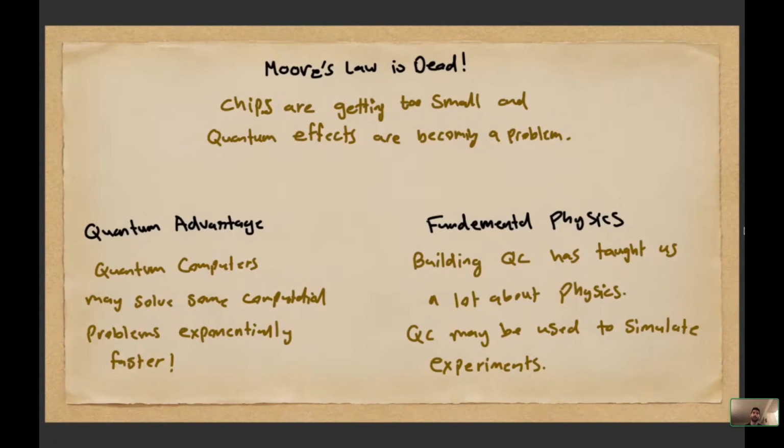It's one of the more difficult technological tasks that we've been trying to attempt. Already in the past few decades, the attempt at building these quantum computers has taught us a lot about physics and technology. And once we have powerful quantum computers, we can in fact use these to even simulate experiments and understand more about science, hopefully. These are some motivations for why we care about quantum computing.